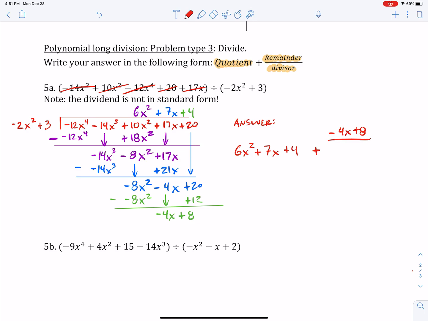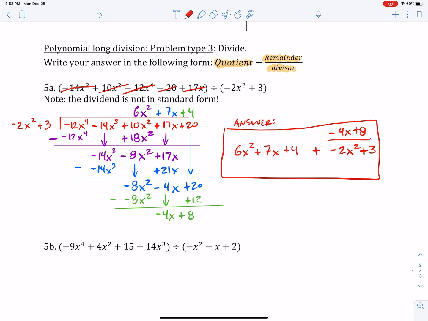And our divisor, if you recall, was negative 2x squared plus 3. So a lot of steps involved here, but that's the proper way of writing out our answer.